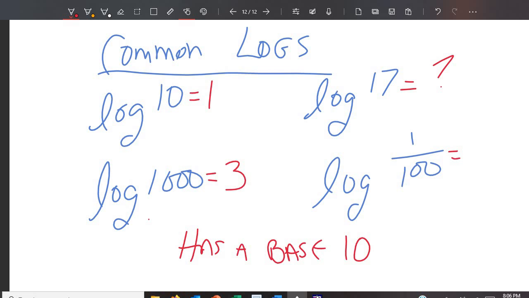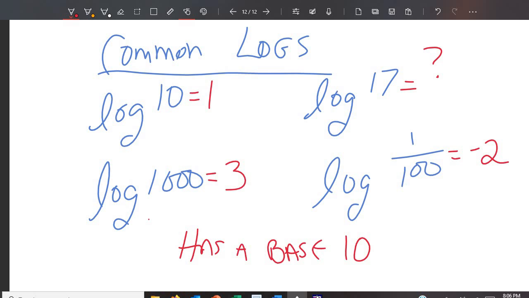If you do this one, you'll get -2. So common logs have a base of 10, and they will not put the 10 there. You're supposed to remember, hey, that's really a 10. I can do those on my calculator.